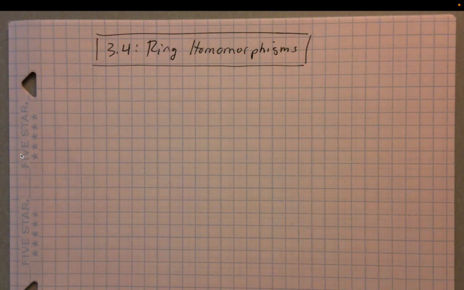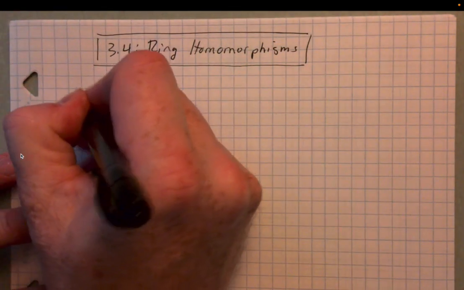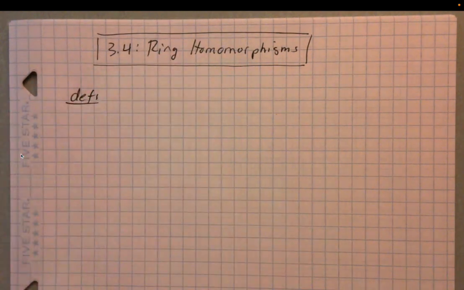If you've been going through the course sequentially, you will know we have discussed homomorphisms in the context of group theory, and now we're going to extend those results to rings. So we'll start with a definition, because the definition will naturally be a little bit different. It'll be just an augmentation, really, of the previous definitions that we saw.